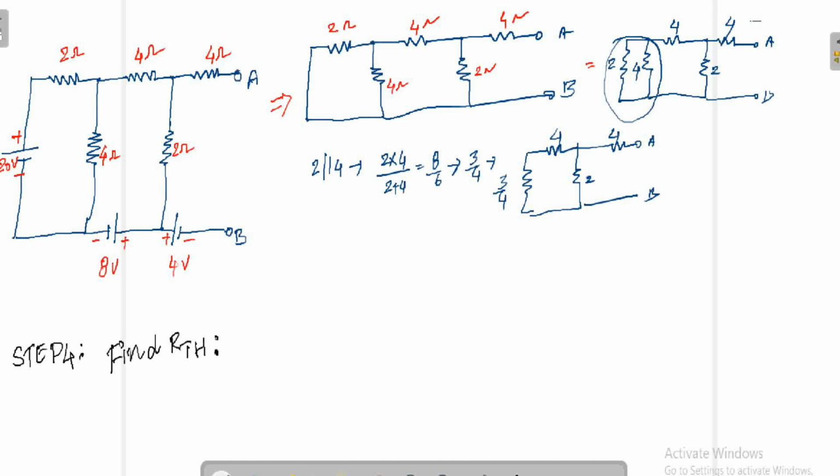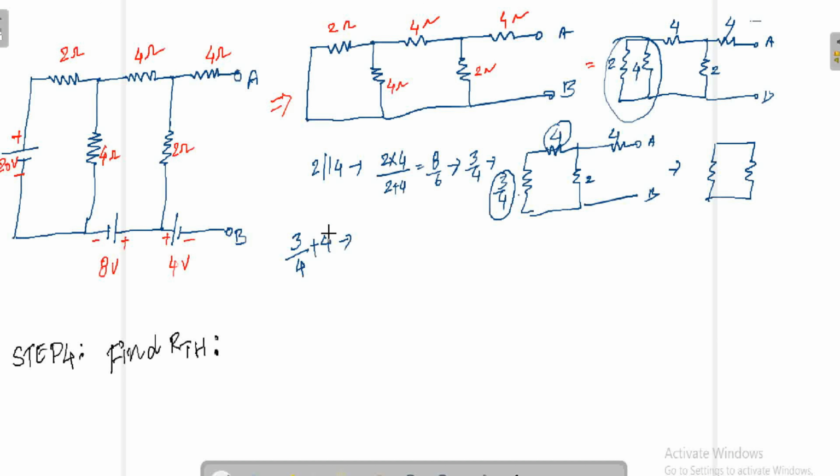Now tell me, how are this 4 by 3 ohms and 4 ohms? These two are in series. So you can replace them with a single resistor. If resistors are in series, then they are added together.